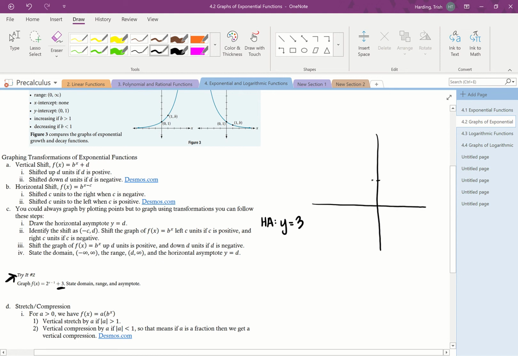So here's 3. We're going to have this asymptote, and I'm going to do it in a different color. And we will have 2 to the x minus 1.